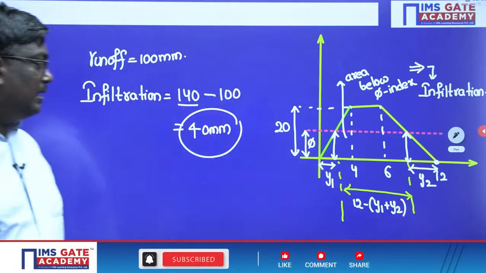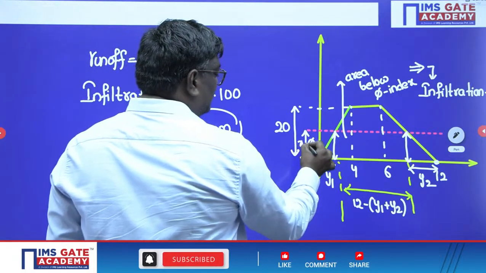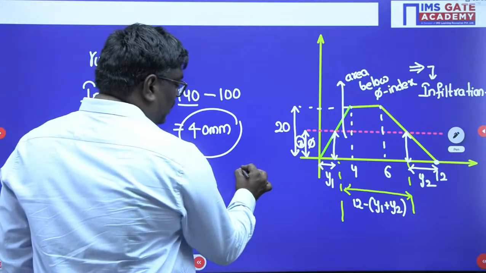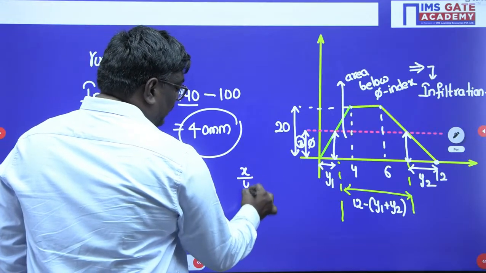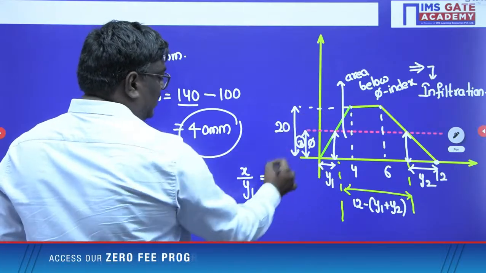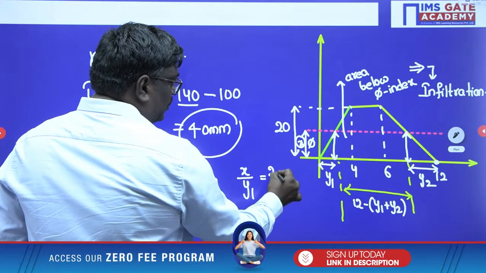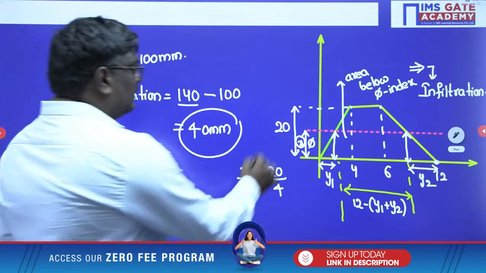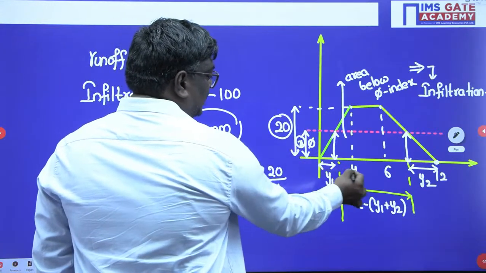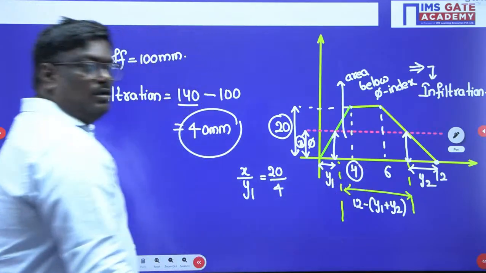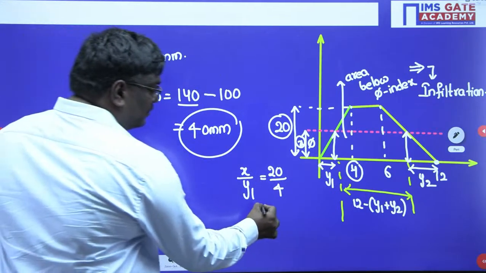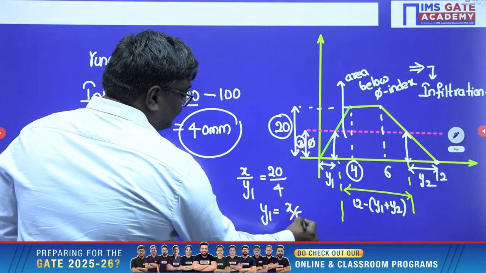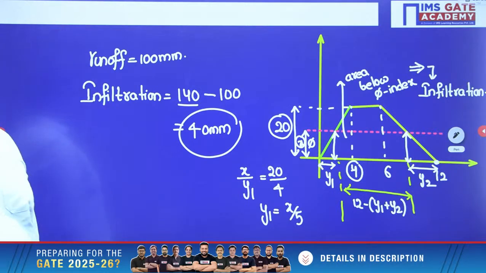Now this phi index I will assume as x, this vertical distance. Now from similar triangle concept, x by y1 is equal to 20 by 4. Yes or no? Because this distance is 20, the distance from here to here is 4. So what will be the y1 value, sir? Y1 value will be equal to x by 5 by similarity. Agree or not, sir?